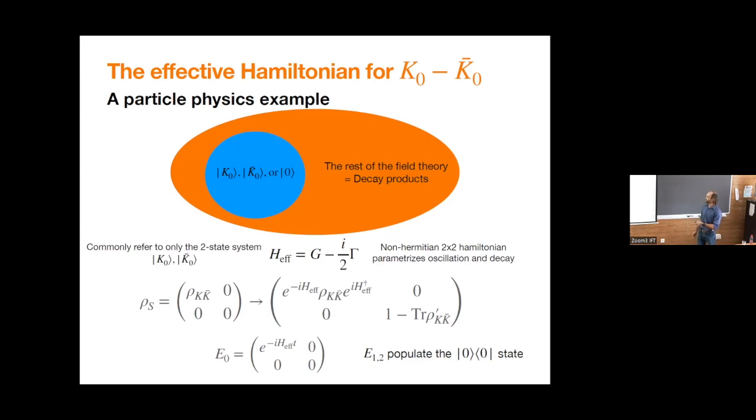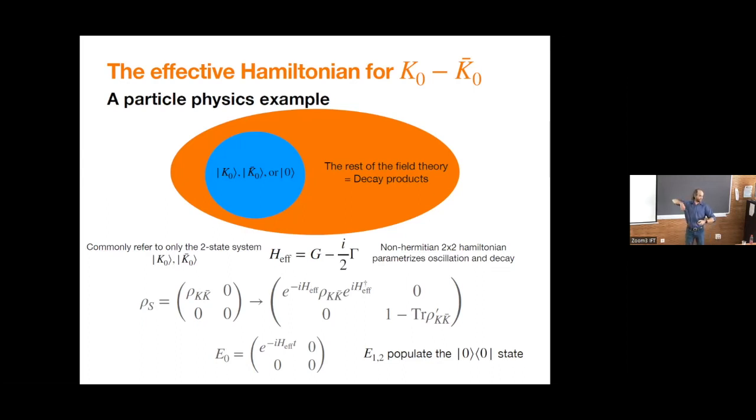And I have an effective Hamiltonian governing that system of kaons, anti-kaons, and the vacuum state, where G parameterizes the oscillation and gamma parameterizes the decay matrix. Now if I have some initial state density matrix describing how I start the system off, it evolves into an evolution of the upper left block using this non-Hermitian Hamiltonian.